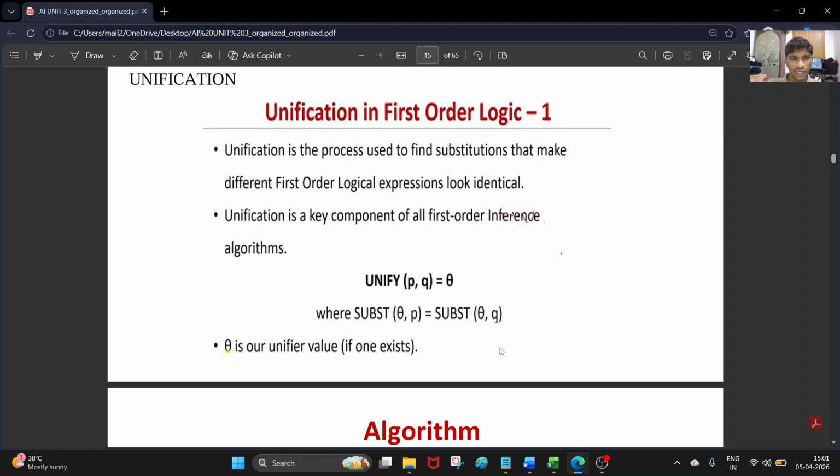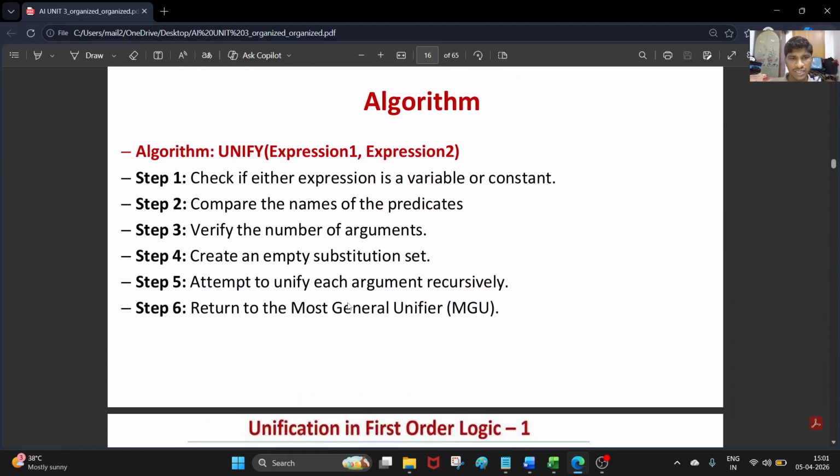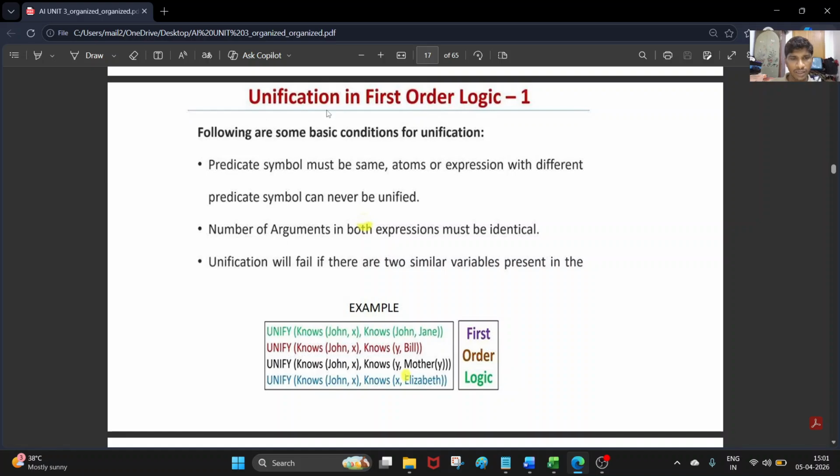Next topic is unification. Unification is the process used to find the substitution that makes different FOL expressions look identical. We'll go to the algorithm later.